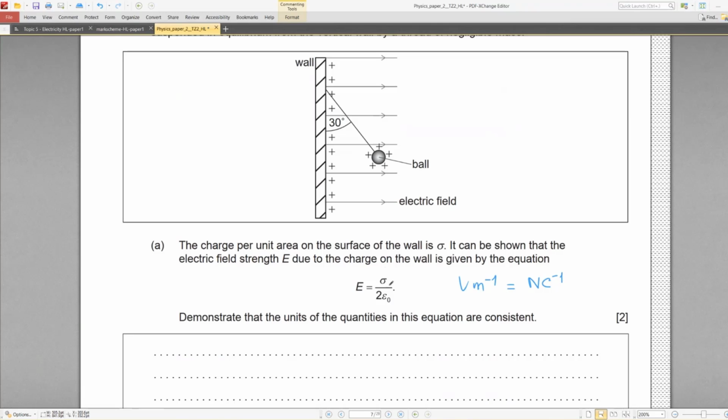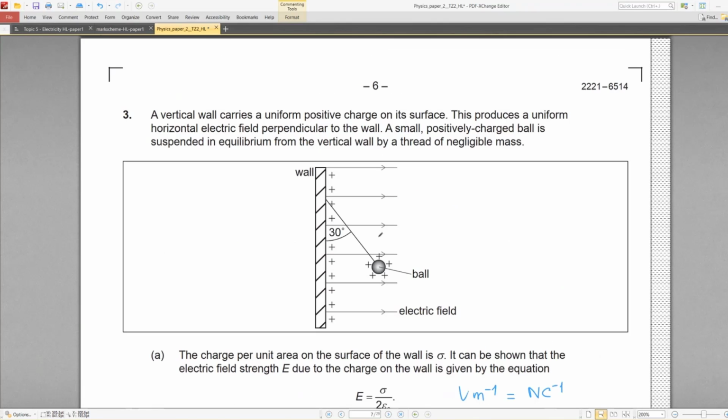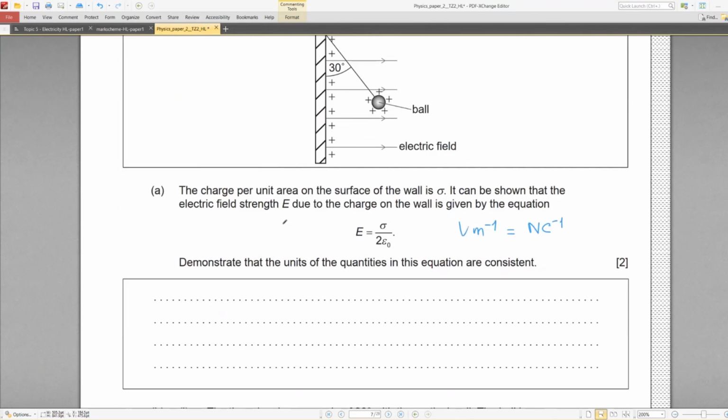So we will take the unit of sigma and epsilon 0 and plug them into this equation. The meaning of sigma is the amount of charge per unit area, meaning the density of charge. So sigma has the unit of coulomb per meter squared. Then divide by epsilon 0.